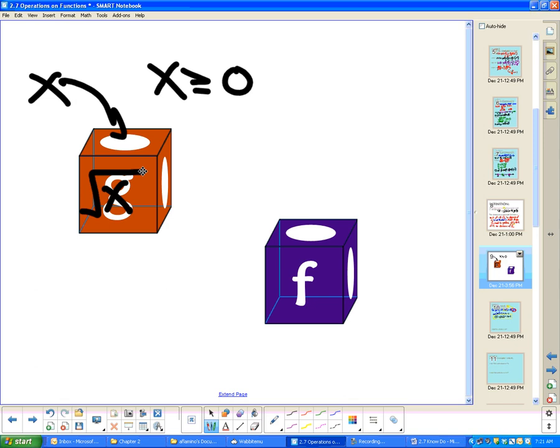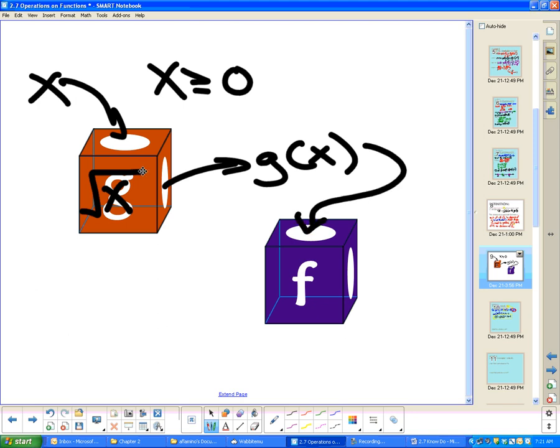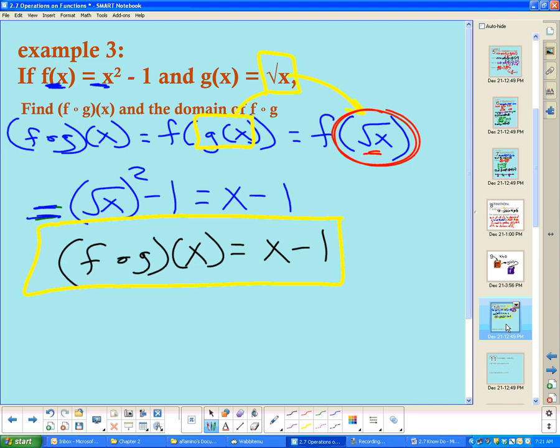Now, once I take the square root of x and get these values out, I know that all those values are going to be positive. f being linear, being a polynomial, is not going to be any trouble. Whenever we work with our domains algebraically, we always take the unsimplified version. Take that part to look at the domain.